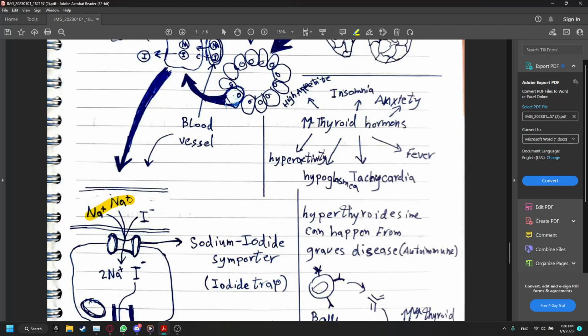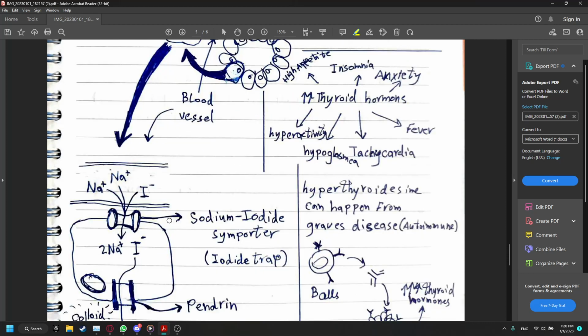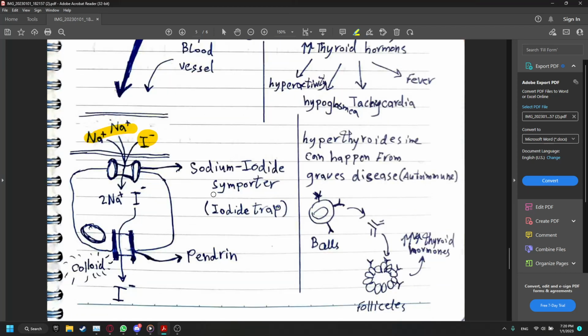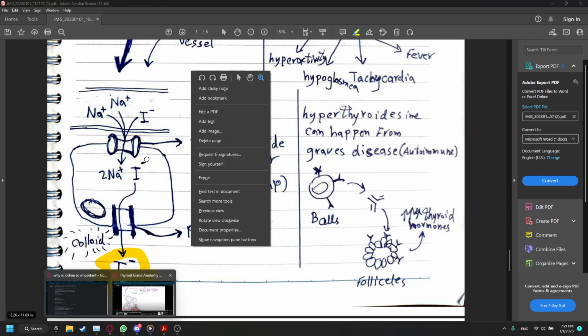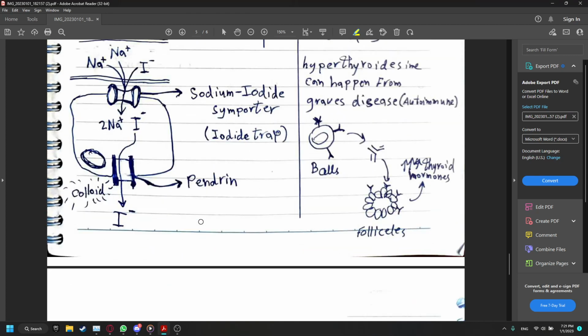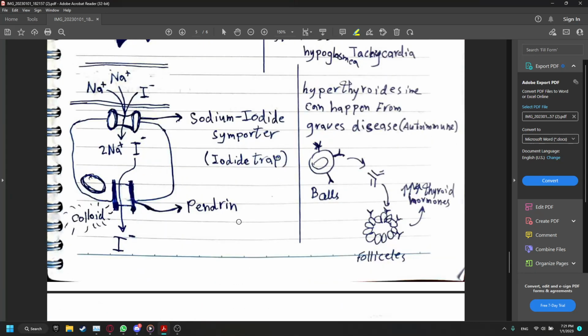The sodium-iodine pump takes two sodiums and one iodine and gets them inside the follicle cell. What ends up happening is only the iodine gets inside the colloid, which helps with the production of thyroid hormones. That's the main idea here.